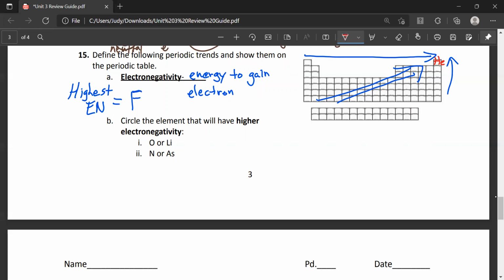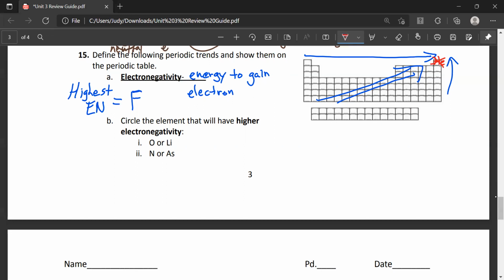Well, technically, it has 8 valence electrons, or 2 valence electrons in the special case of helium. That means it won't be gaining more electrons. It's done. So that is the reason why helium cannot be the highest electronegativity element. So that is why this cannot be the right one.